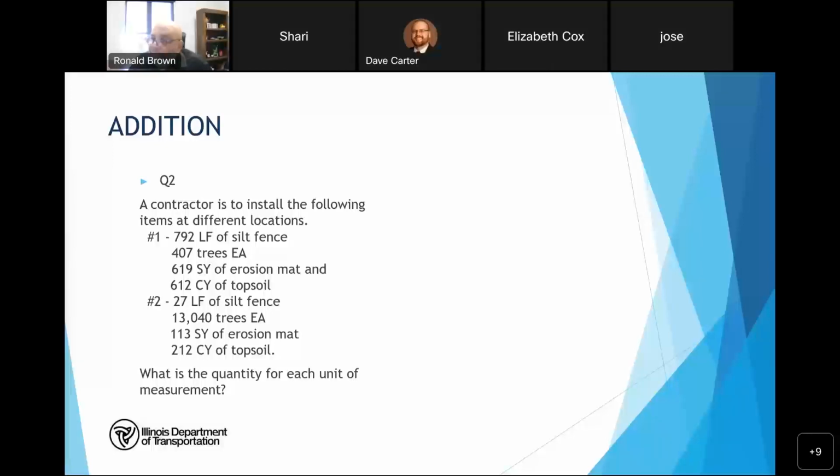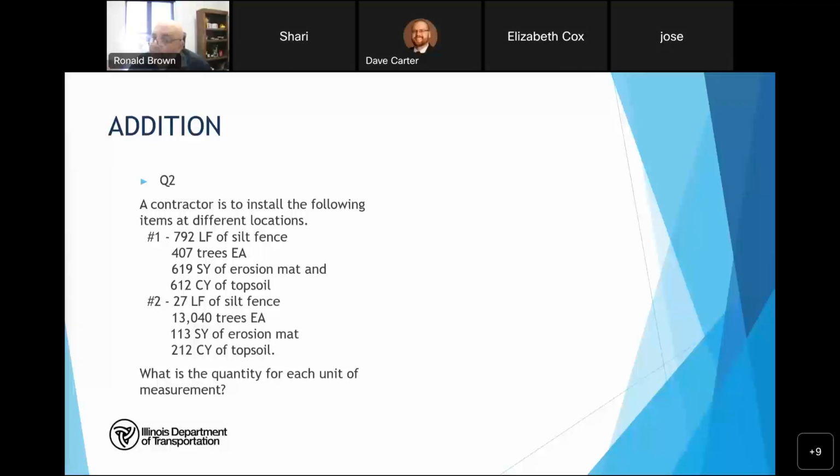At location number 2, they will be installing 27 lineal feet of silt fence, 13,040 trees, 113 square yards of erosion control mat, and 212 cubic yards of topsoil.